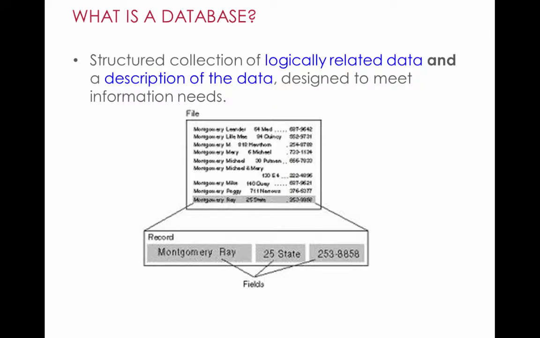So what is a database? Formally, it's defined as a structured collection of logically related data and a description of the data designed to meet some specific information need. So when we think about a structured collection, I like to think about this kind of like a form. There's a slot for every piece of data that you want to store.